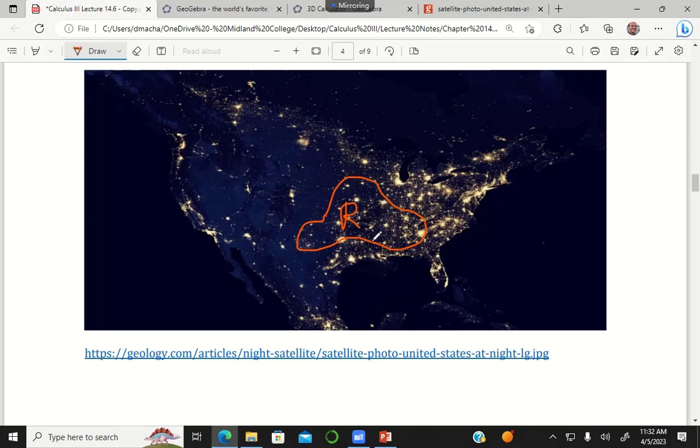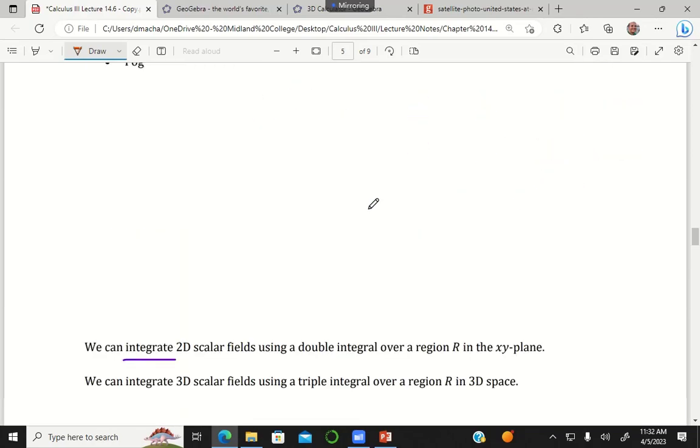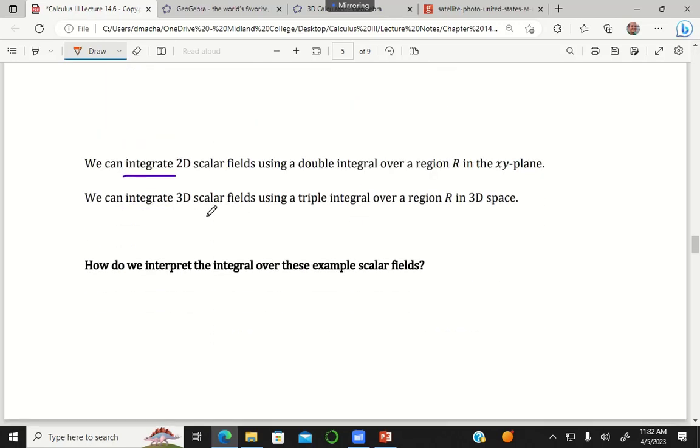So if my integrand is describing population density, and I integrate that over this region, it gives me the total number of people living in the region. Okay. We can also integrate 3D scalar fields using a triple integral over a region in 3D space.